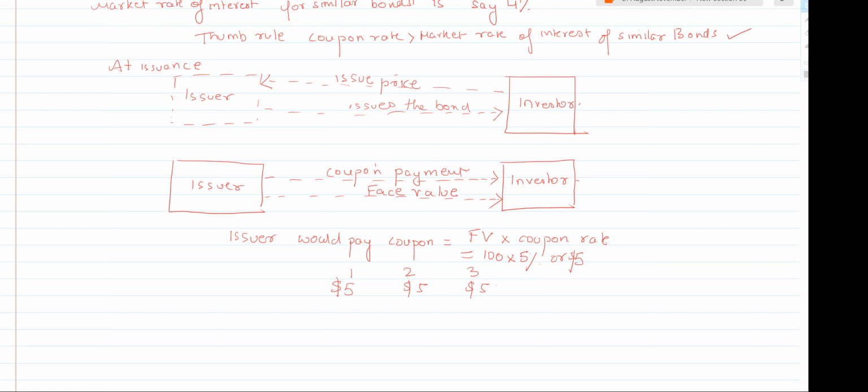So the issuer would pay the investor $100 at the end of 3 years. So the cash flows receivable by the investor would look something like this, right? The issuer would pay the investor $5 in coupon at the end of each year for the next 3 years, and it would also repay the face value to the investor at the end of the third year. Basically, the third year is my maturity. So cash flows are something like this.